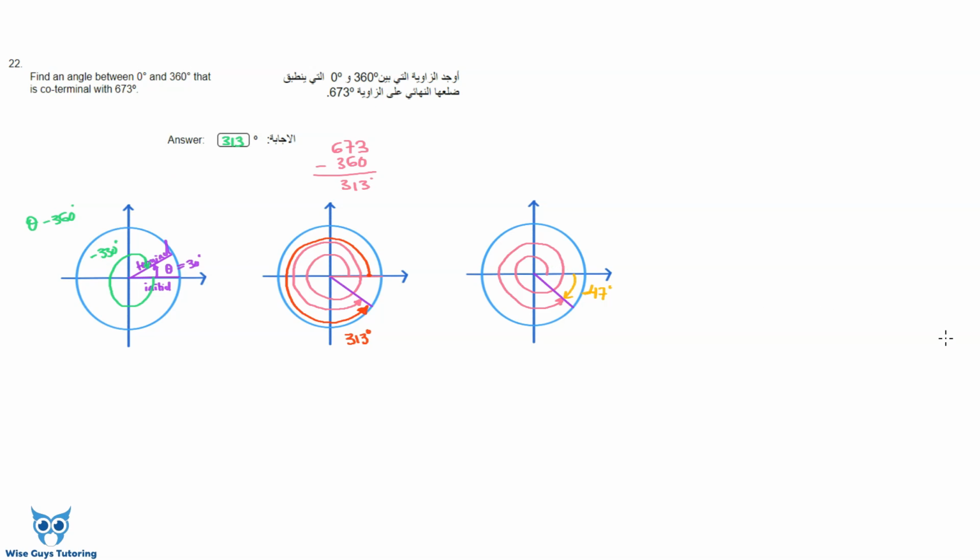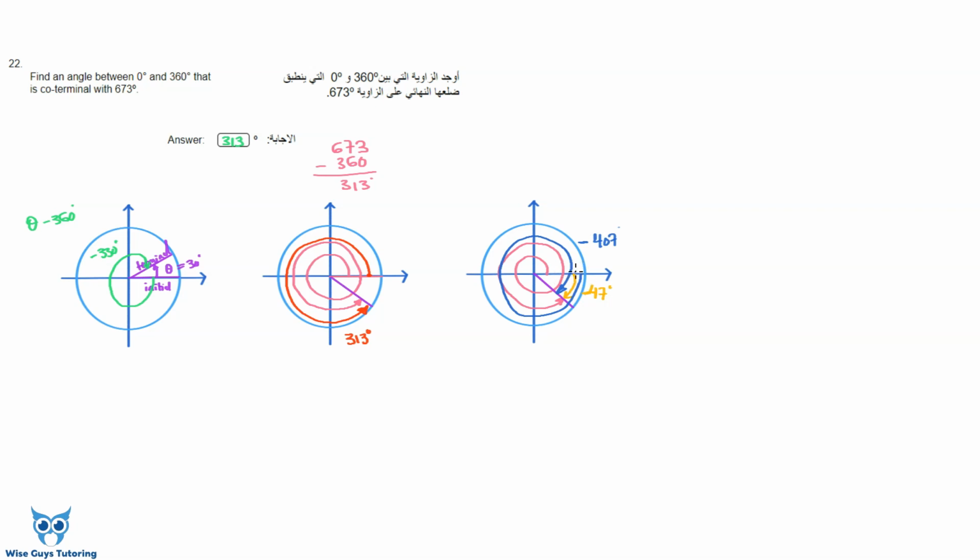I can also have gone a little bit further and done something like this. Let's use dark blue. So you go around this way and you come back here. So that's 360 degrees, full circle, and 47. So the dark blue one is minus 407 degrees.